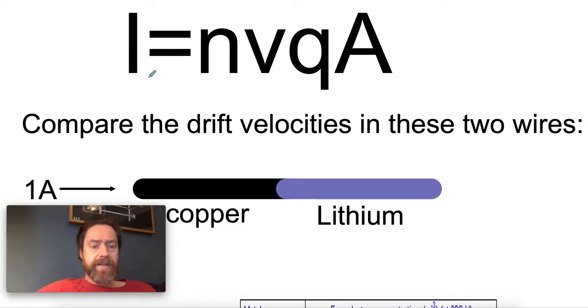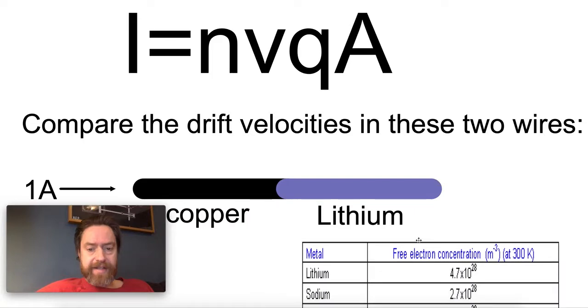Right, this time you can do this yourselves, but it says compare the drift velocities in these two wires. Now this time they're the same diameter, current's the same, it's in series again, but we've got copper and lithium. Now no one's going to expect you to know this.